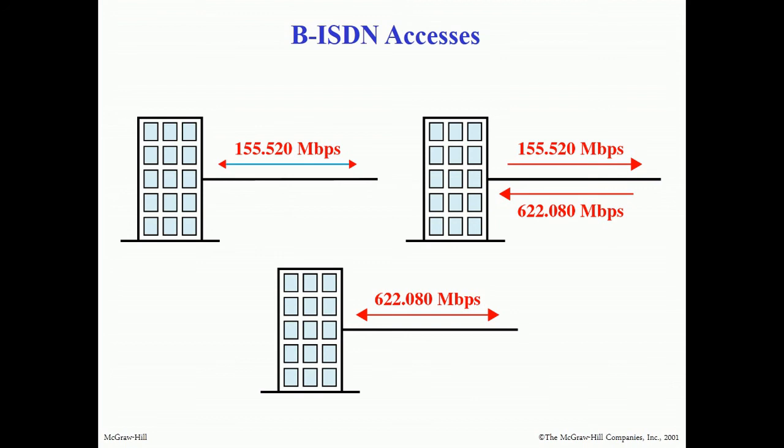If we compare the narrowband integrated services digital network and the broadband integrated services digital network, there are two types of ISDN: narrowband and broadband. The narrowband ISDN supports a 64 kilobits per second data rate.